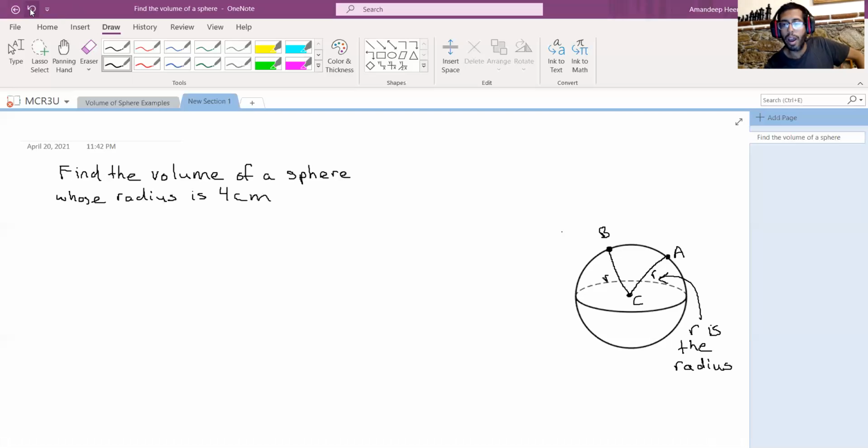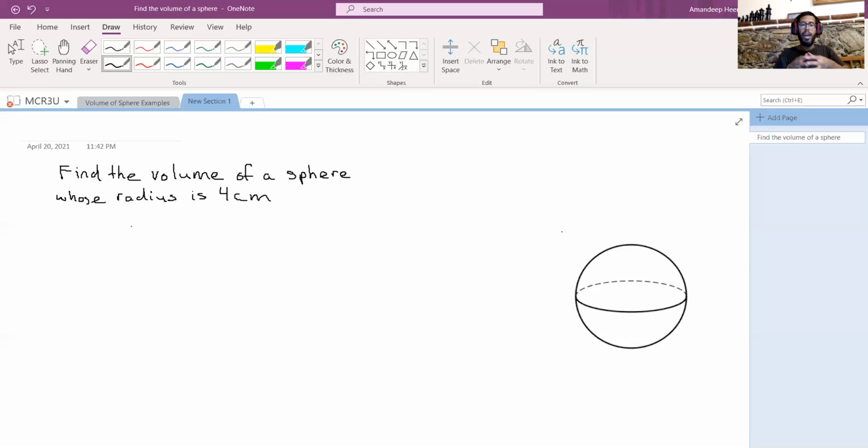So now let's do an example. Let's clear this, erase all this out. Here what we want to do is find the volume of a sphere whose radius is 4 centimeters. What do we mean by volume of a sphere? It means how much space the sphere takes up.